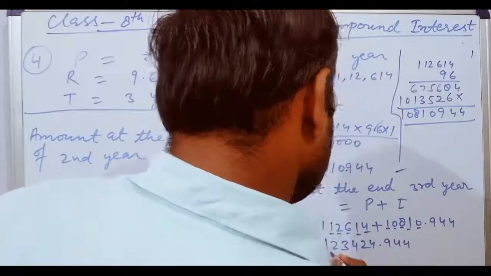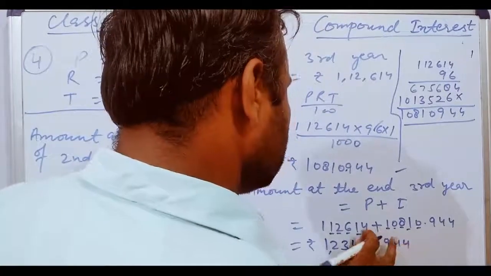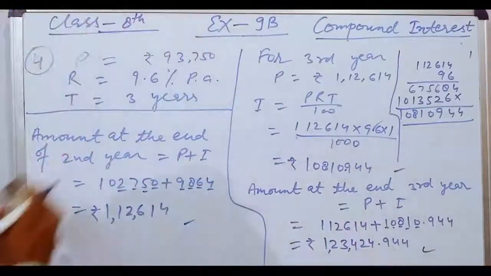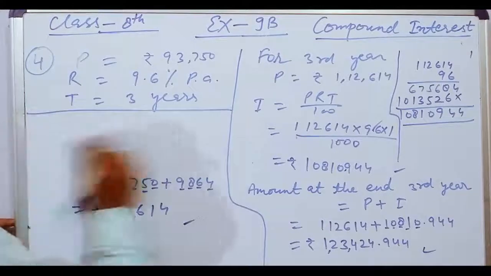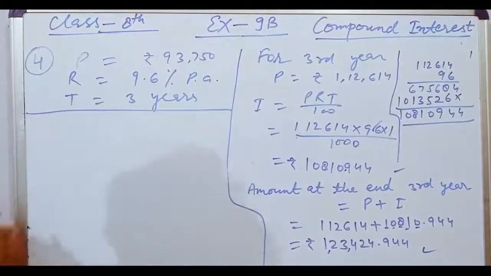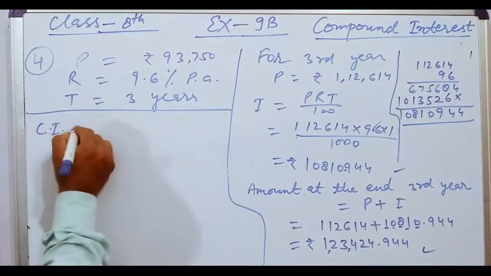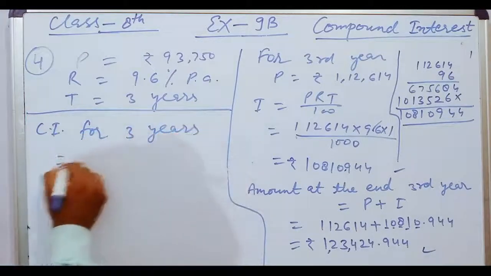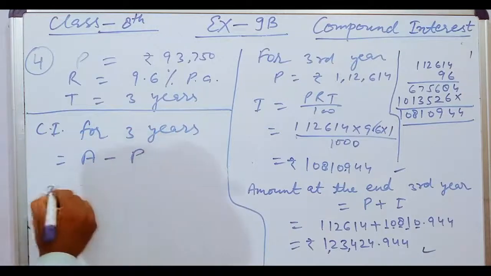This is the amount. Then CI, compound interest for 3 years. CI for 3 years equals amount minus principal.